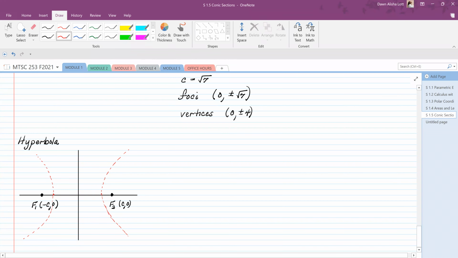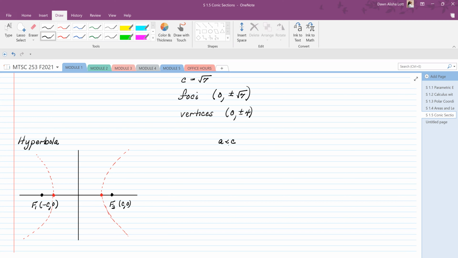And my vertex is here. So those are my vertices. So notice A is smaller than C now. That's the first thing we can note, that A is smaller than C. All right.